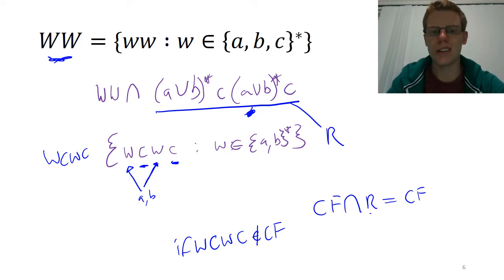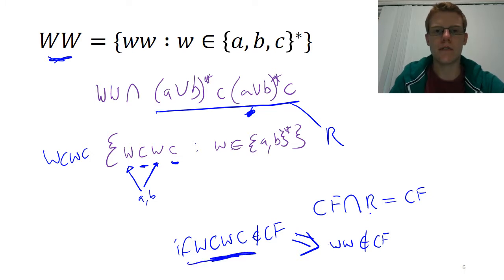But we know that the regex is a regular language, since by definition anything that we can represent using a regular expression is a regular language. So the only possible conclusion from proving that WC is not context-free is that WW is not context-free. And we will prove the former in the next slide.